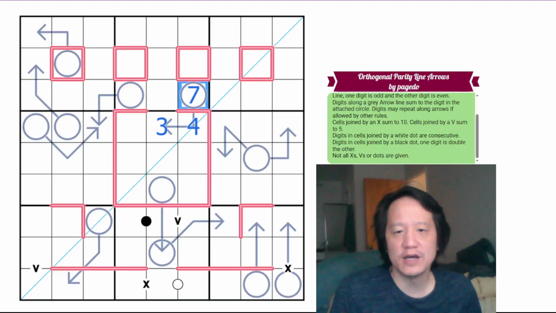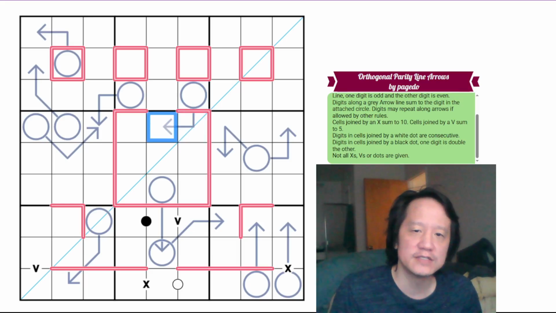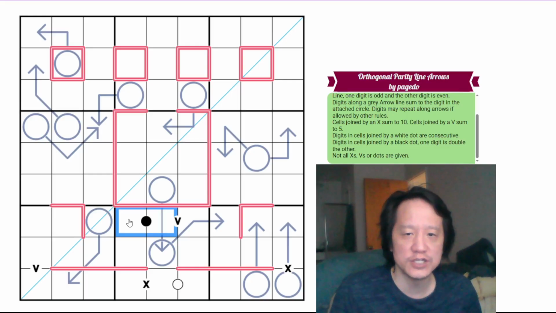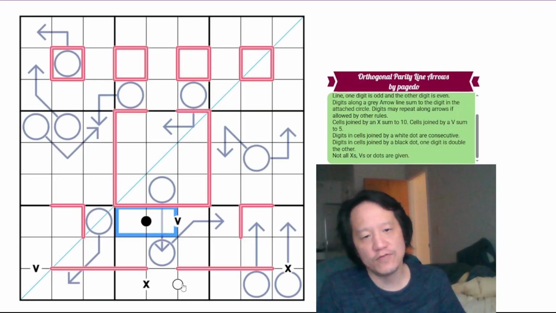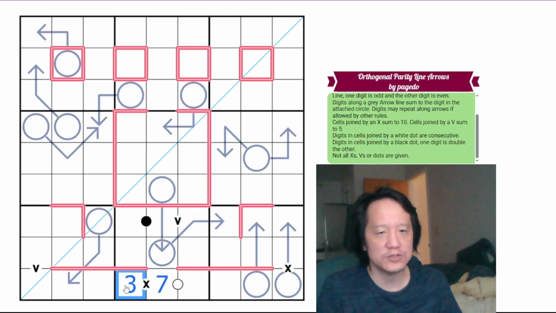We also have cells joined by an X sum to 10, cells joined by a V sum to 5. Digits in cells joined by a white dot are consecutive, and in cells joined by a black dot, one digit is double the other, and not all X's, V's, or dots are given. So, for example, if this were, say, a 3, this would have to be a 7, because these two digits must add up to 10.